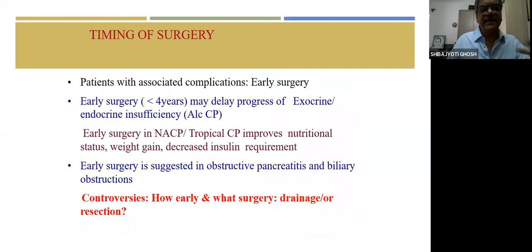Again, this is regarding the timing of surgery. As we said, there is no fixed consensus about the timing of surgery. Some groups are advocating early surgery. Certain things we should keep in mind: particularly the patient who has alcoholic chronic pancreatitis should be warned that the chance of recurrence of pain will be more in those patients who are alcoholic.